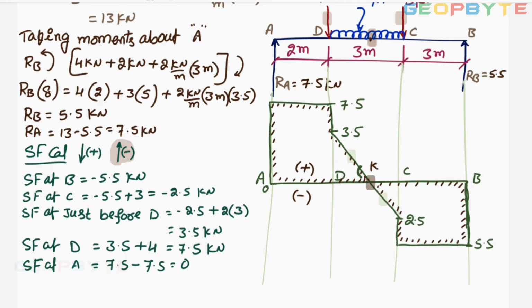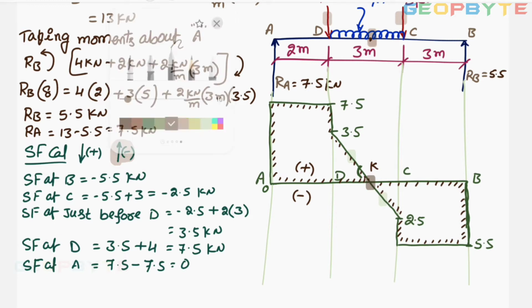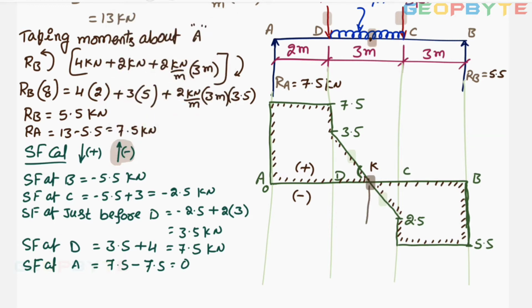To find the maximum bending moment at that location, first I should find the distance. Let us mark like this. This is the x. So at a distance of x from the C, maximum bending moment is occurring. That x should be found for this particular case.